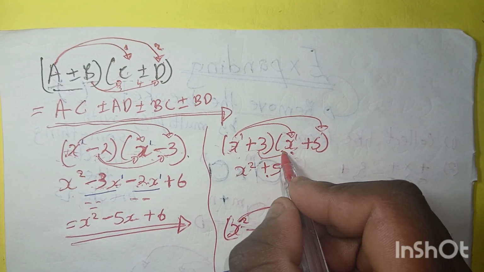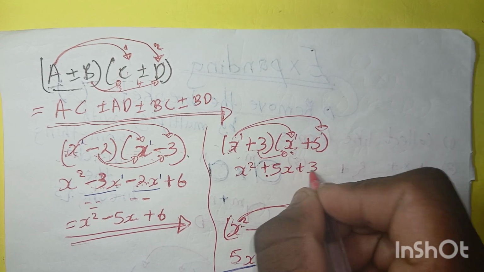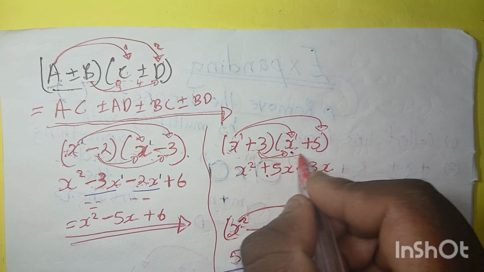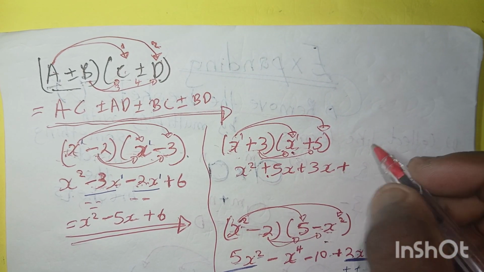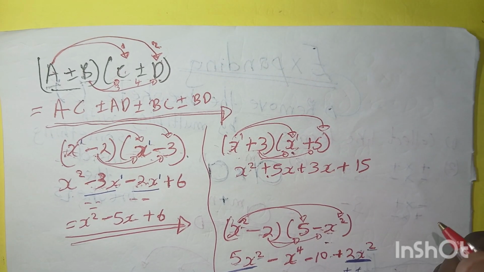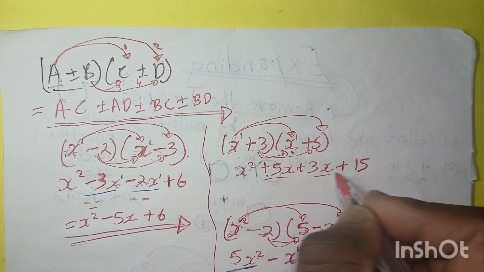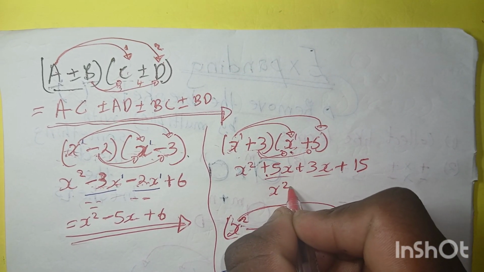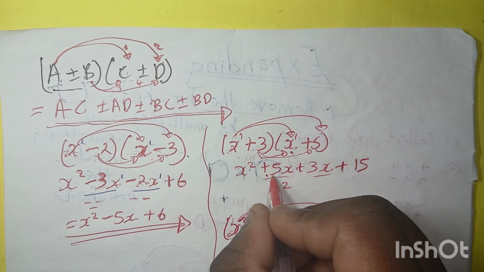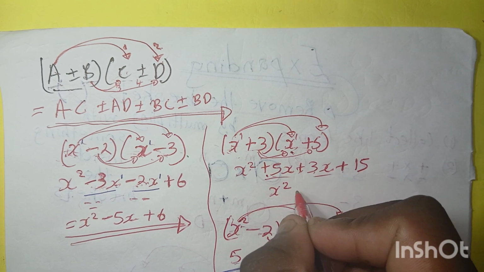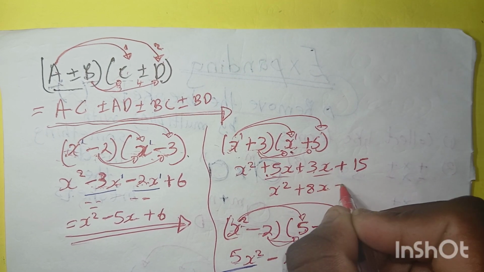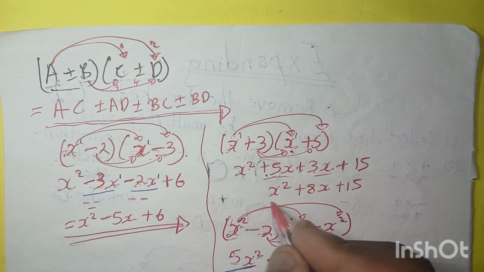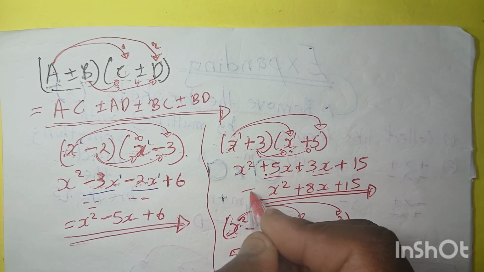This multiply that one, same sign, they will give me positive. Do you see? This multiply that one, same sign, they give me positive 15. And these two things are like terms. It will be x squared, 5 plus 3, it's plus 8x plus 15, which is this one. It is the final answer.